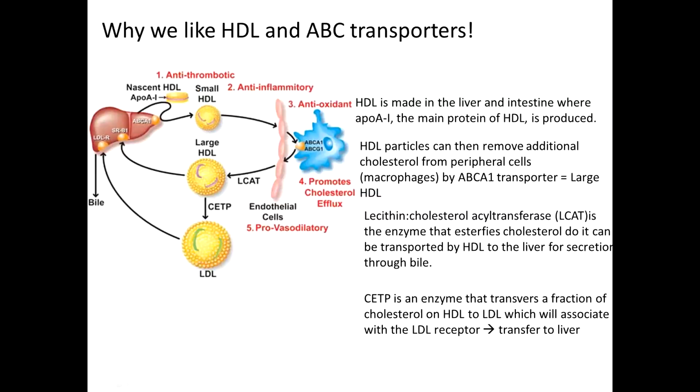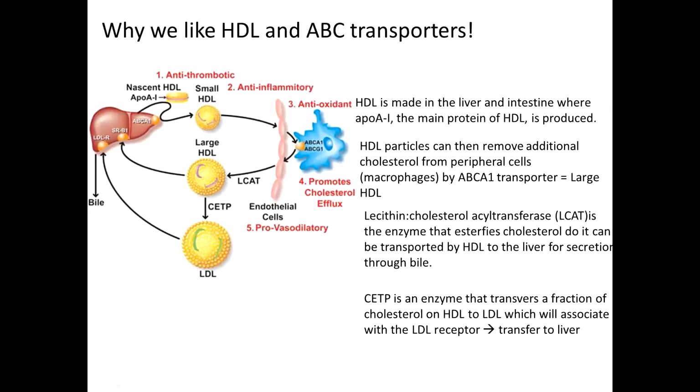So in this particular figure, what you should get out of it is the liver is the main organ for cholesterol biosynthesis and metabolism. It produces HDL, which will travel through the circulation to the peripheral cells like endothelium, facilitate the movement of oxidized LDL out of the endothelium through the macrophage.